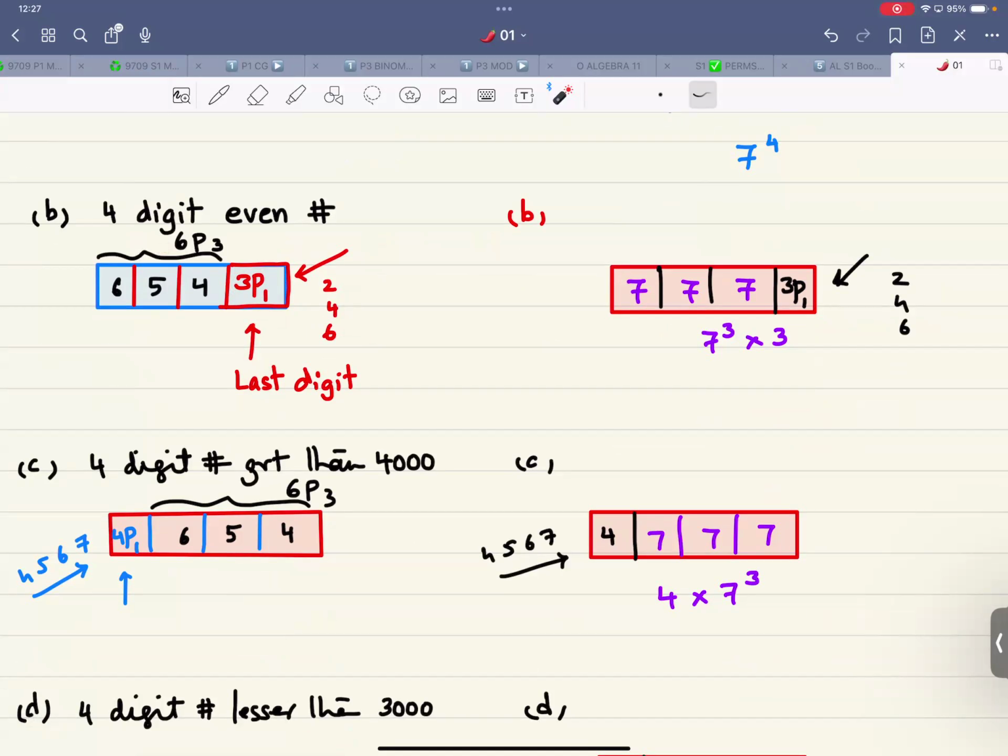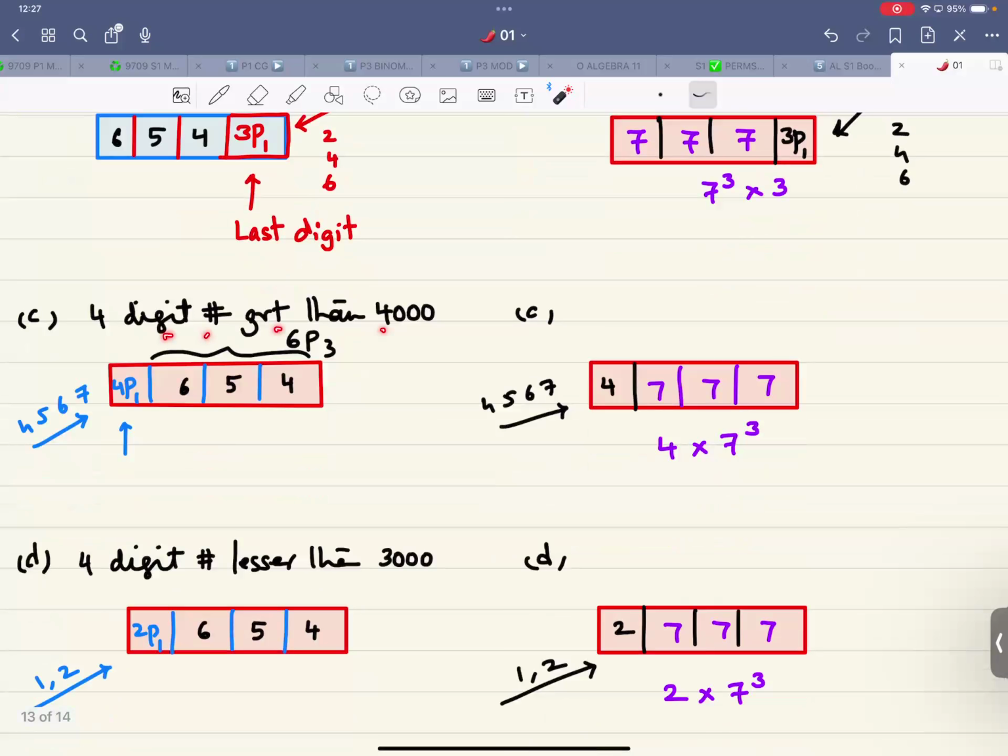Now I'm doing 2 things at once. Not only am I using the nPr button, I'm also showing it in the table. So even if I don't write this and write a 3 over here, that is perfectly fine. 6, 5, 4, 3. 3 for the even number. 3P1 is 3. And this is 6, 5, 4 for 6P3.